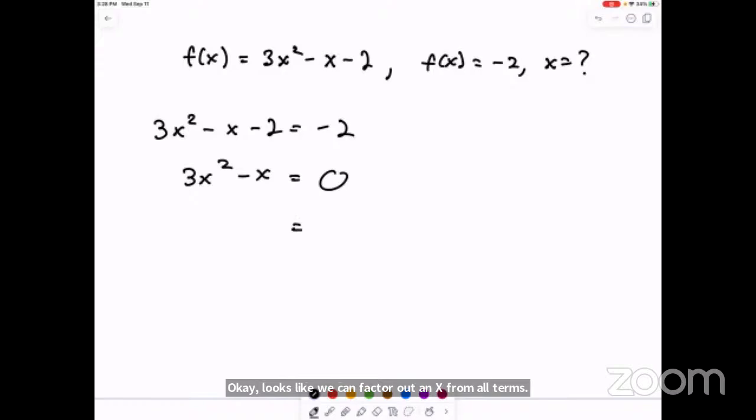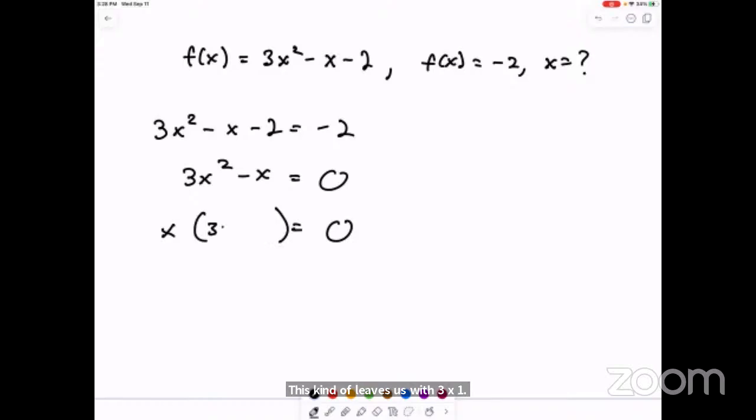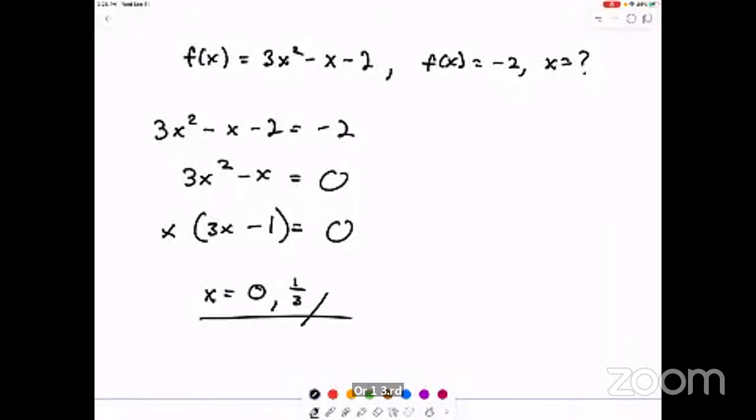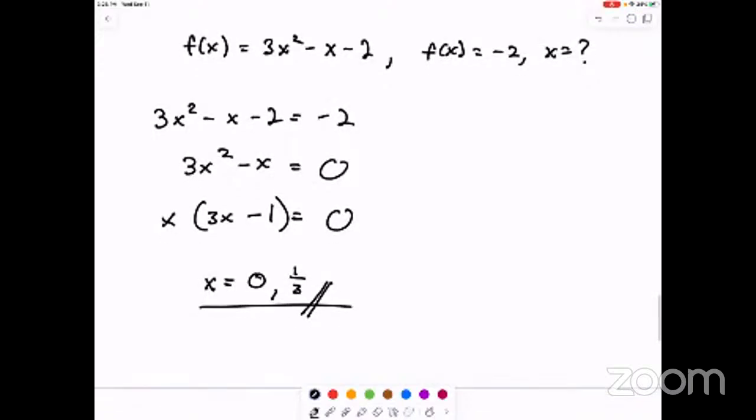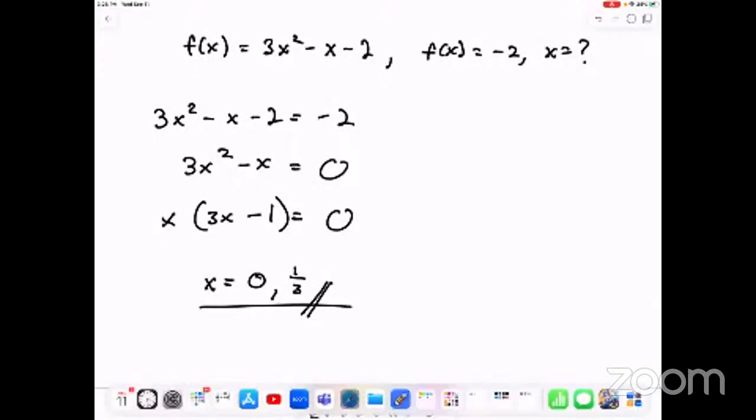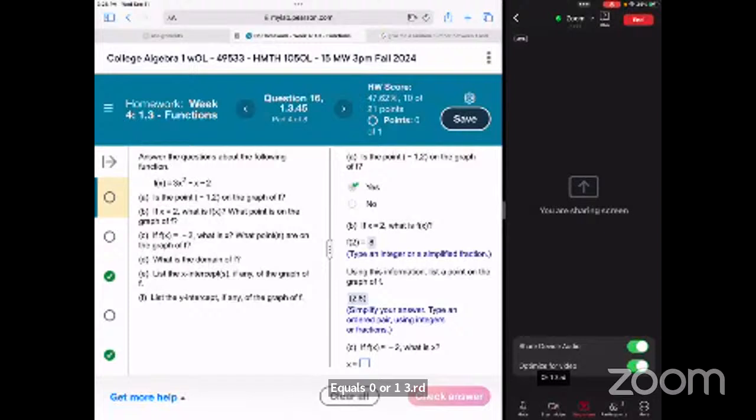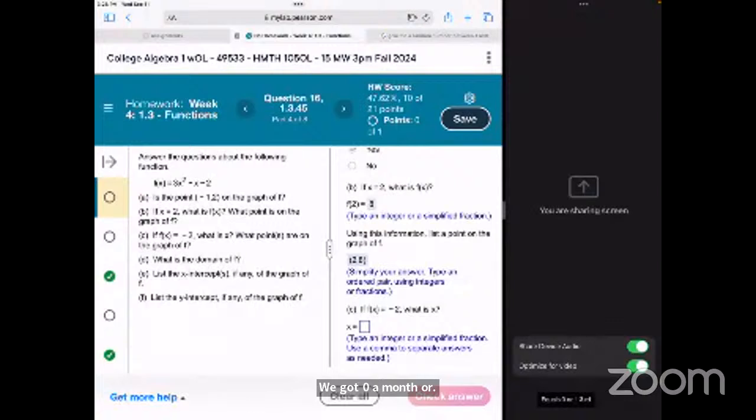That's going to leave us with 3x minus 1. So from here, we get that x equals 0 or 1/3. We got 0 and 1/3. So let's see, 0, comma, 1/3.